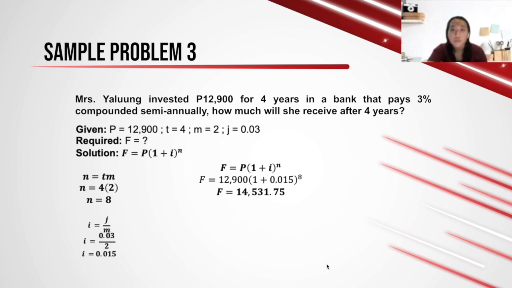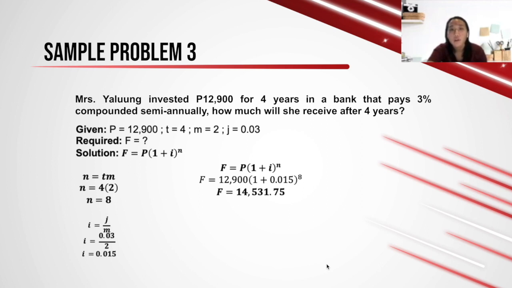So 4 times 2, N is equal to 8. We can now input this into the formula. So F is equal to 12,900 times 1 plus 0.015 raised to 8, which will give us a compound amount of 14,531.75.